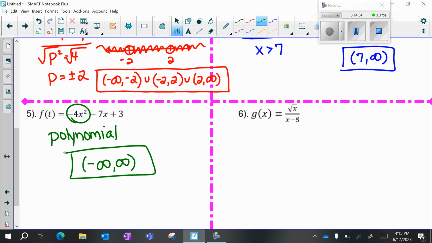Last one, number 6. I have 2 things happening here. My denominator of x minus 5 cannot equal 0. And my numerator is under a radical, so it has to be greater than or equal to 0. So I'm going to add 5 to both sides. So x can't be 5, and x has to be greater than or equal to 0. I'm going to put this on a number line because I have two different restrictions happening here.